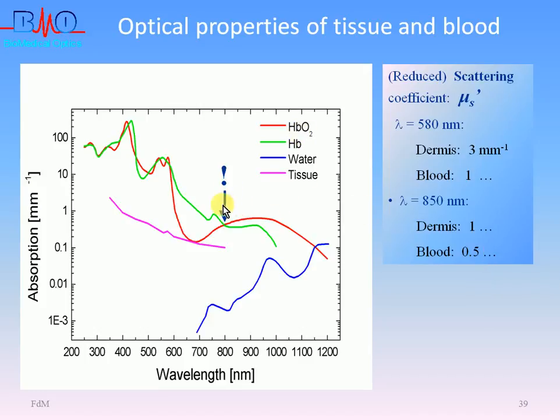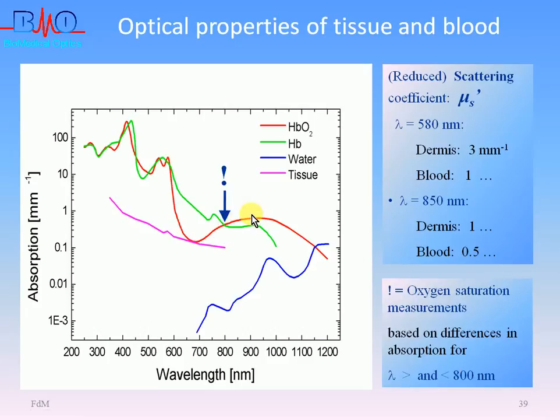And please note this point here, where the red line for oxygenated blood and the green line for deoxygenated blood cross. This means that these wavelengths here can be used for oxygen saturation measurements, and that's based on the differences in absorption for lambdas at this side of 800 and lambdas at this side of 800 nanometers.